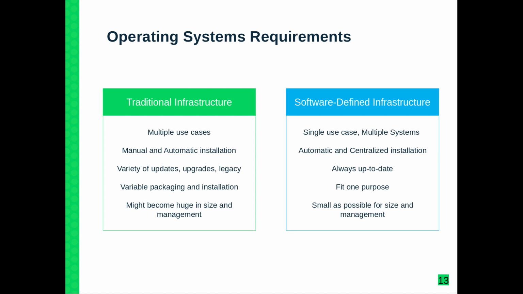You have a variety of different ways to do updates and upgrades and to perform legacy functions on it. There are differences in the way that packaging and installation can be done, and as a result, this is, again, back to what we were saying, almost monolithic, where we can have a very large size, but that also takes a lot more management because there are more packages, more files, more things that we have to maintain. And that's a traditional infrastructure.